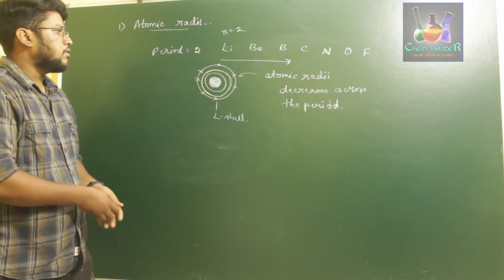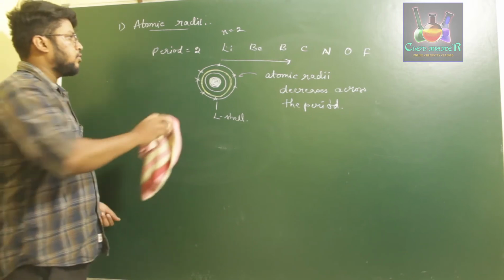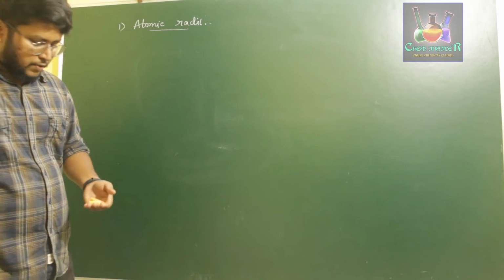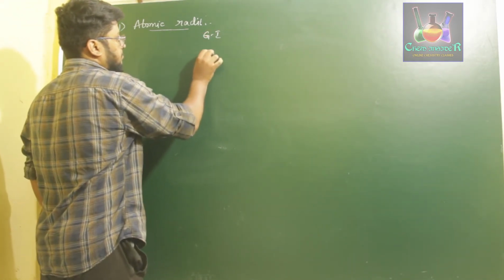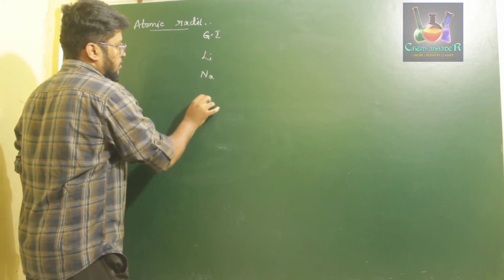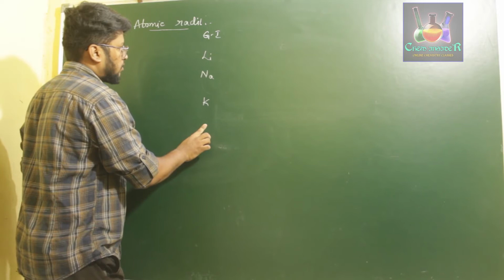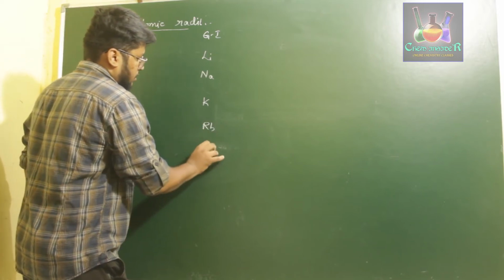Now for the down the group trend. Let us consider the first group elements: lithium, sodium, potassium, rubidium and cesium.